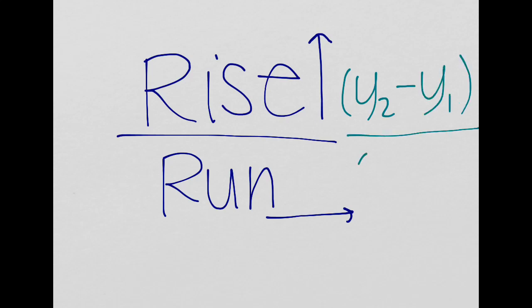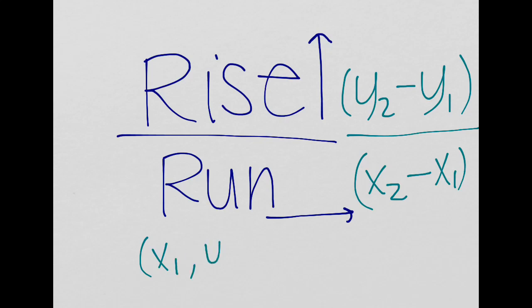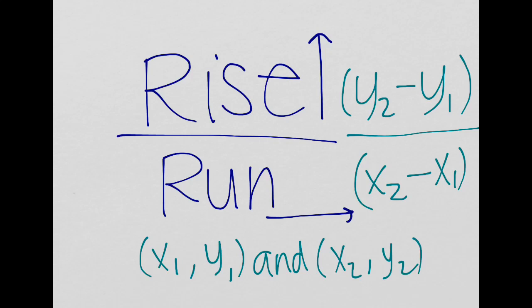Run is the change in the x direction, or x2 minus x1. And this is just x1, y1 and x2, y2. So using any two points on a line, you can find the slope.